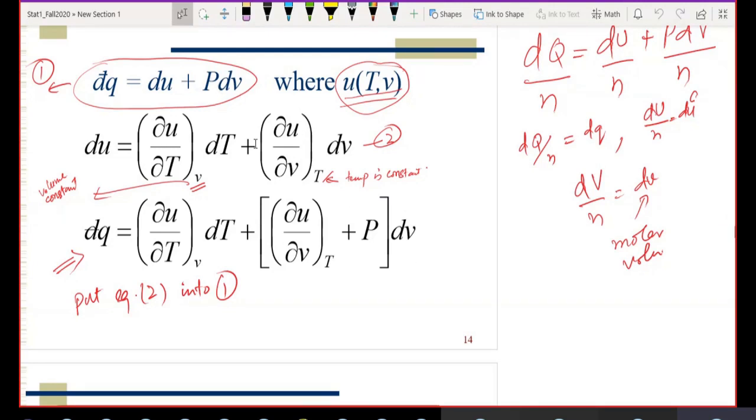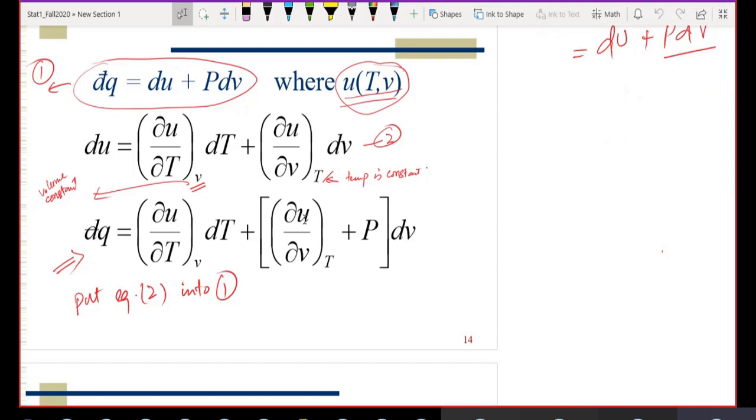And because dv now has two things, I can solve in front of you so that it is easy to see what we have done here. What is the advantage of this live lecture? That I calculate everything in front of you so that you can understand. So we have to put equation 2 into 1.